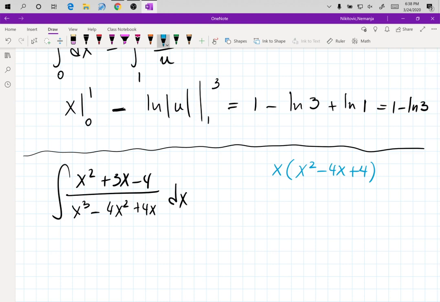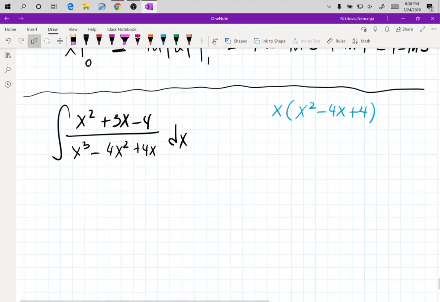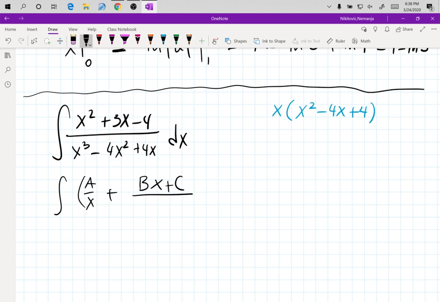I don't think this can be factored any further, because this needs to be a plus over here in order for us to have that be factored further. I think we're done here. That's it in terms of factoring. So we have a setup that is A over x plus (Bx plus C) over (x squared minus 4x plus 4). So this is formula number 3. I don't even know if we used it yet.